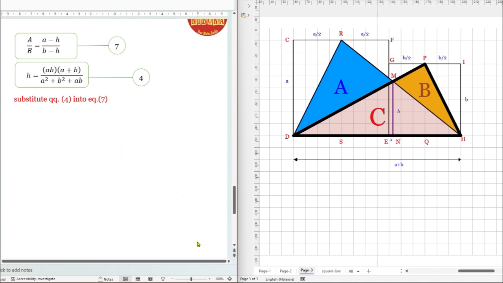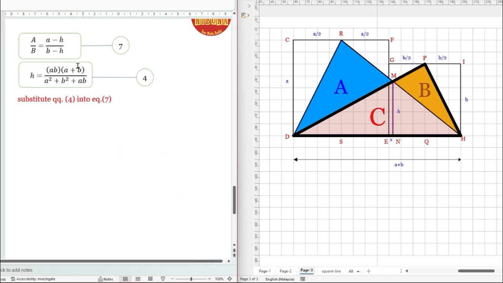So this is a little complicated work. So what you do, you take the H value. Maybe what you can find first, you find what is A minus H first.